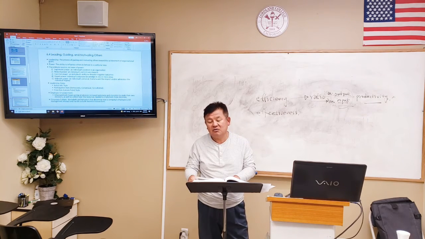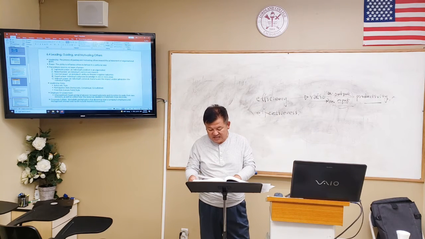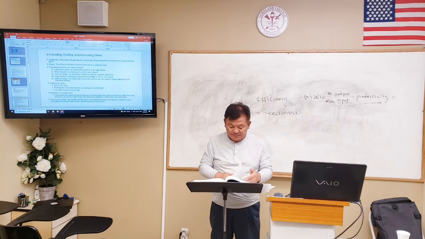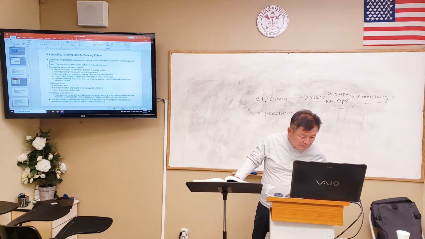What's the meaning? Autocratic leaders are directive leaders, allowing very little input from subordinates. These leaders prefer to make decisions and solve problems on their own and expect subordinates to implement solutions according to very specific and detailed instructions. This is autocratic leadership.